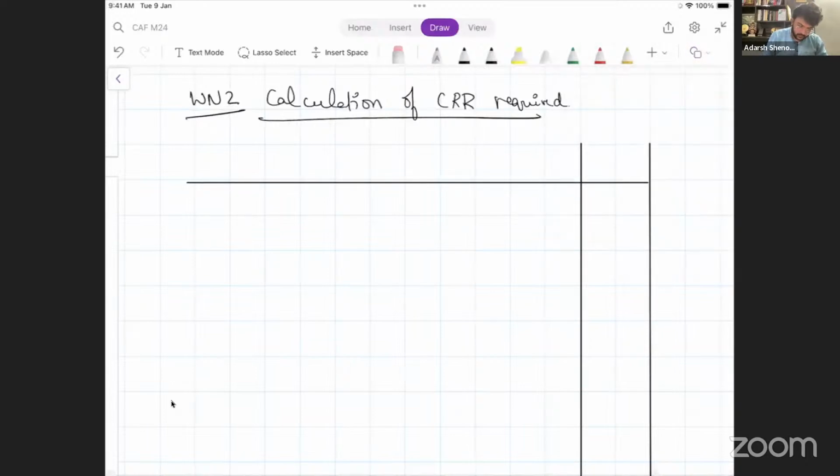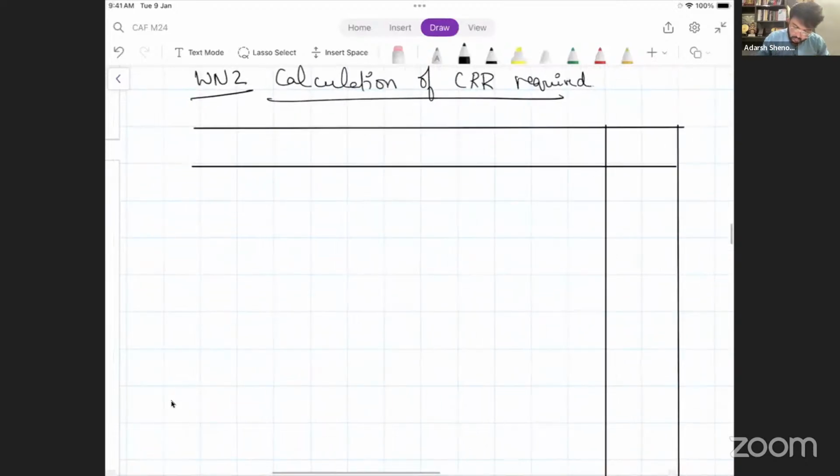This is as per section 55. Fresh issue. Two options we have: fresh issue and CRR. So we are already doing a fresh issue of 37,500. The remaining will be taken from CRR, that's all.